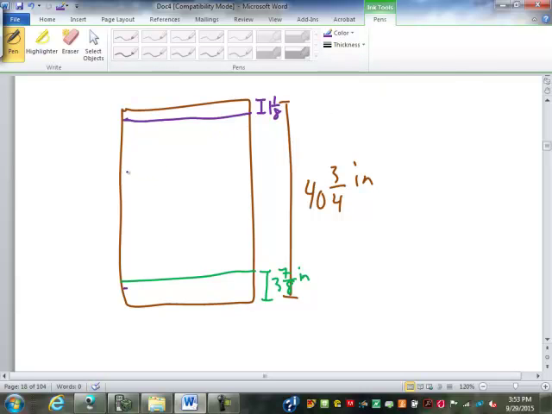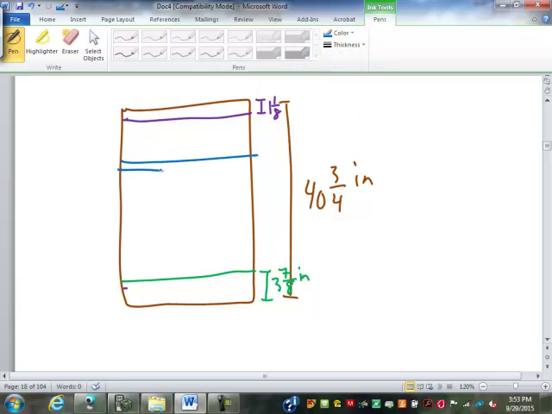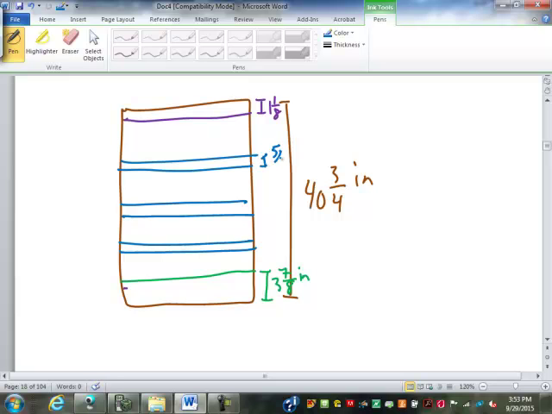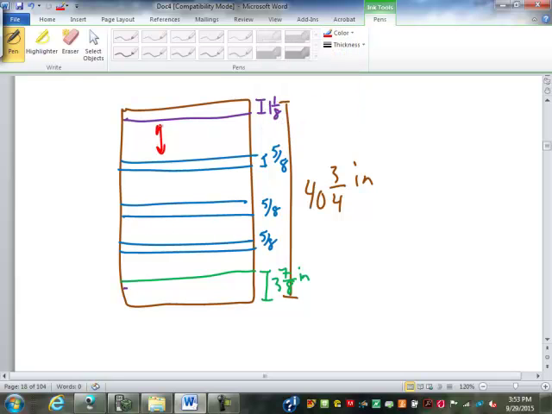And then there's 3 interior shelves that are supposed to be equally spaced, so pretend those are equally spaced, that are each 5/8 of an inch thick. So what we have here is the empty space that is divided into 4 equal spaces.